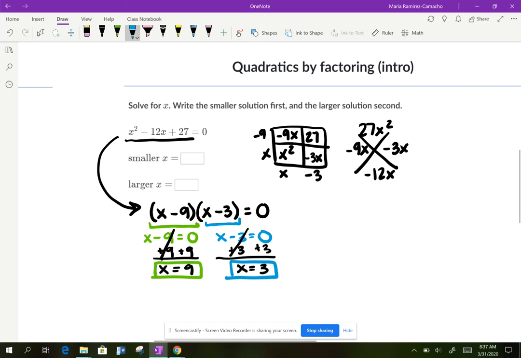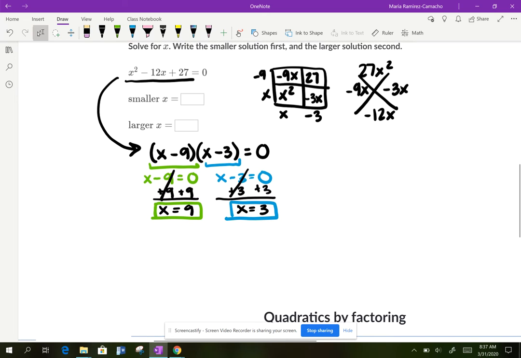Why am I getting two solutions? Because if I plug both of these answers back into the original product, it's going to make my expression equal to 0. Here's what I mean. If you take x minus 9 times x minus 3 equal to 0, and you plug a 9 in for x, you're going to get 0 times 6 when you multiply, and that's equal to 0.